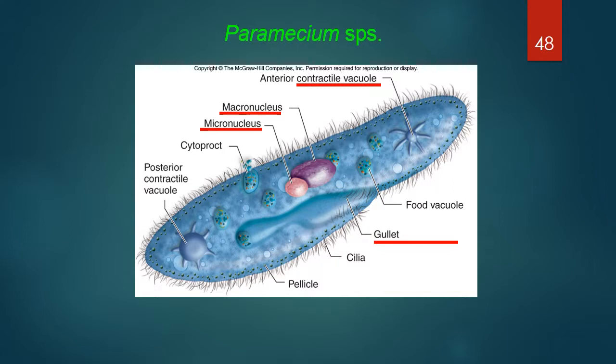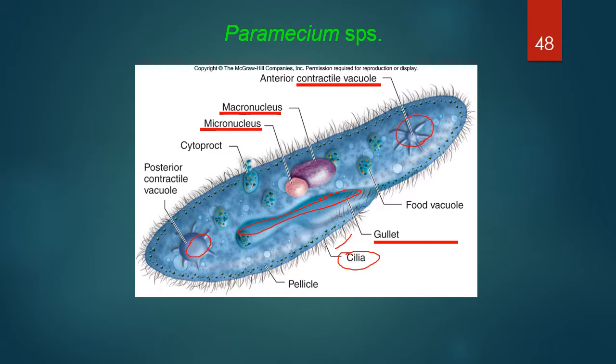Okay, so here is the anatomy of the Paramecium. When we're looking at it, we have the gullet or the oral groove. That is where it ingests its food. And then, of course, the cilia for movement. It has at least two contractile vacuoles, a posterior one and an anterior one.